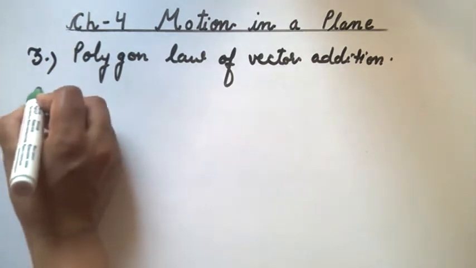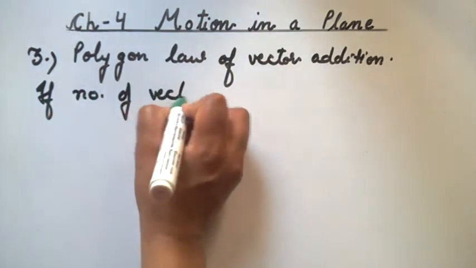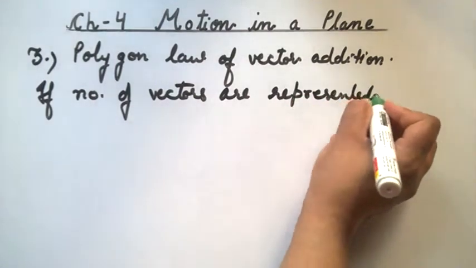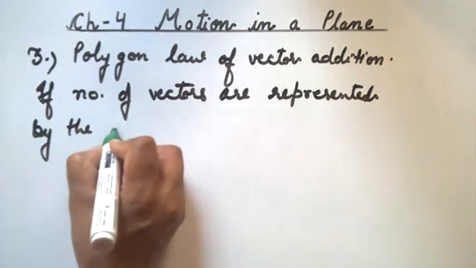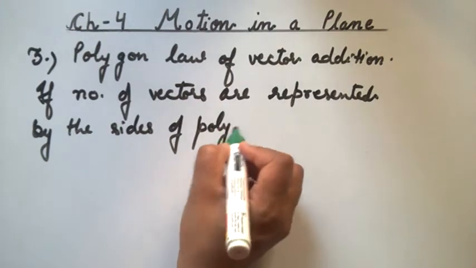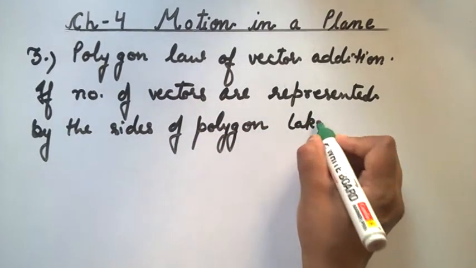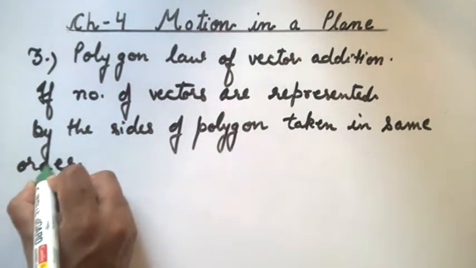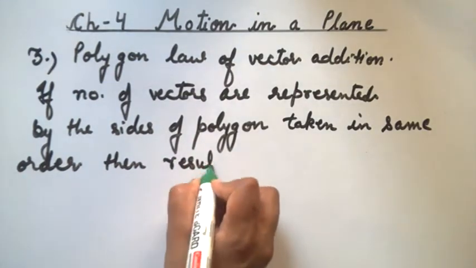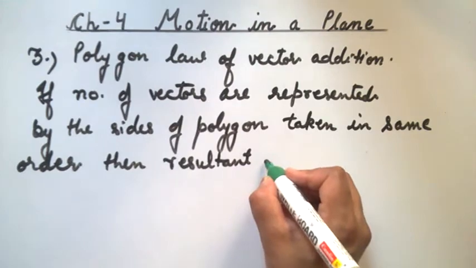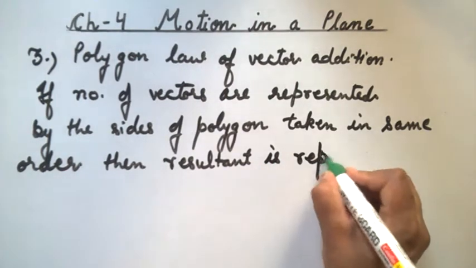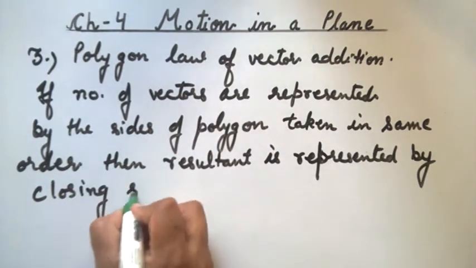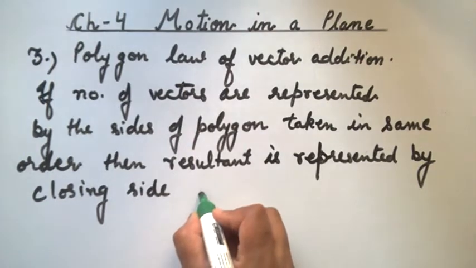That is, its definition is: if a number of vectors are represented by the sides of a polygon, taken in the same order, then the resultant is represented by the closing side of the polygon taken in opposite order.